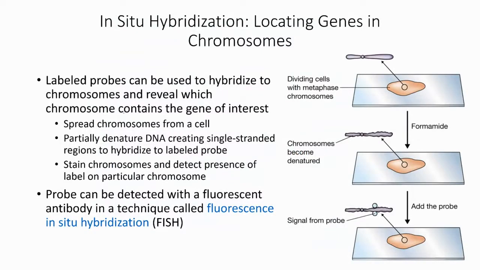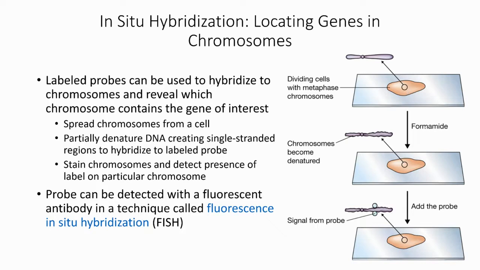Then another technique that people use to identify the chromosome, now you can locate the location of a specific gene on the chromosome. It's called in situ hybridization. Okay, in situ hybridization basically, you collect a cell, all right, and then you fix the cell in metaphase and put on the slide and lyse the cell, right?